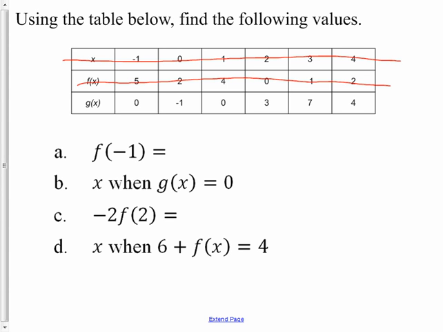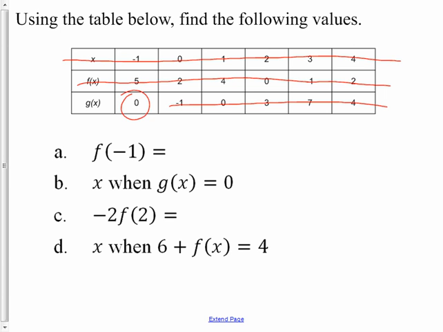Okay? And if g of x is 0, is the x 0? No, the g of x is 0. That's this one. Now, what did I want to know? I've got g of x is 0. Oh, is there another 0?